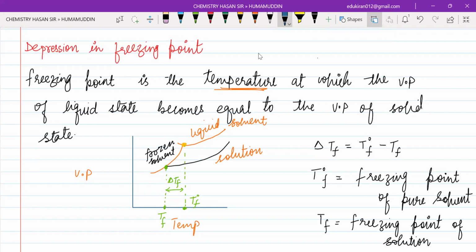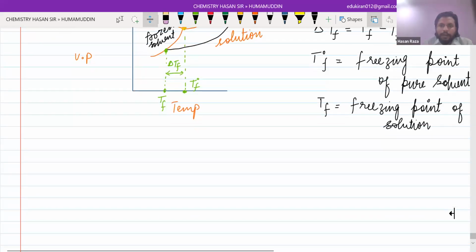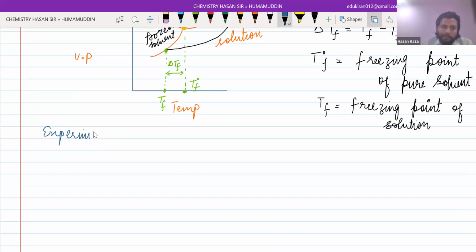Yes. Very good. Now again, in the same way, experimentally we found that this delta TF is directly proportional to molality. And to remove this proportionality sign, we use a constant, that is Kf.